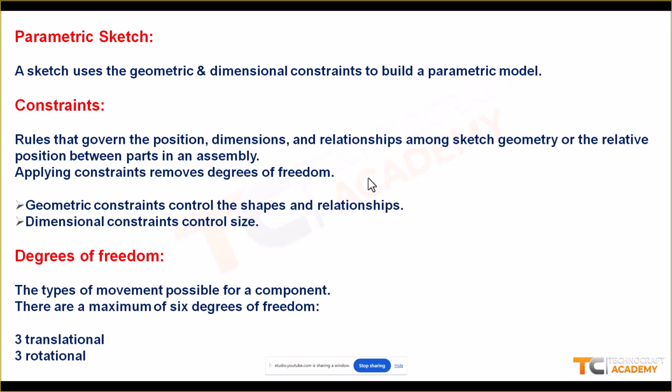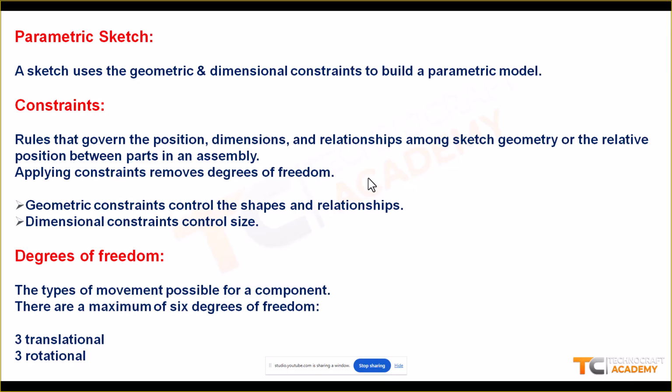Next, the degrees of freedom. What are degrees of freedom? Assume you keep a component in space. The number of possible ways that component can move are the degrees of freedom. In short, it can move in all 6 degrees.